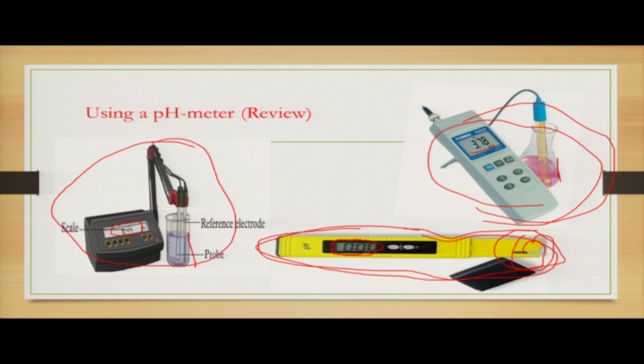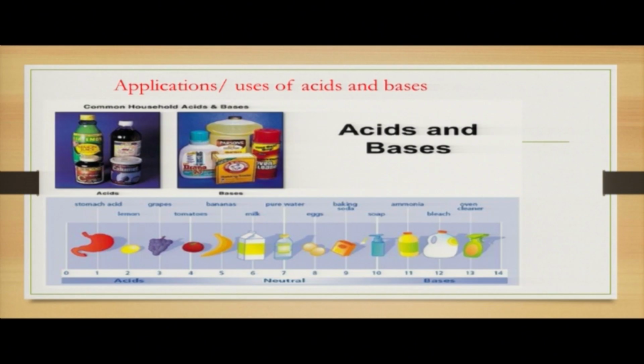The information read on the screen will correspond to the pH of the solution. These are some few that I've been able to come up with, but there are a number of them. They also measure the basicity or the alkalinity of substances in the laboratory or in industries.